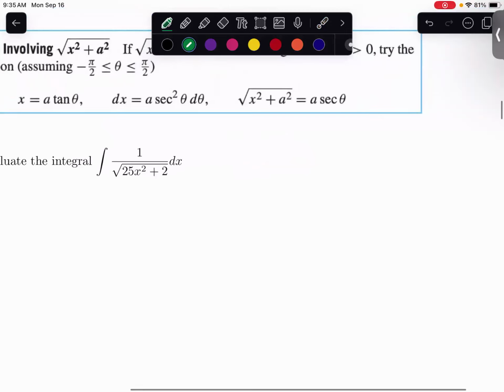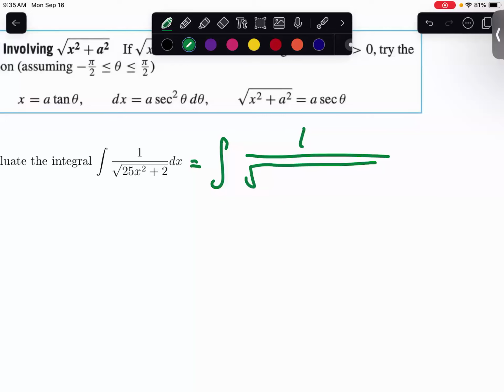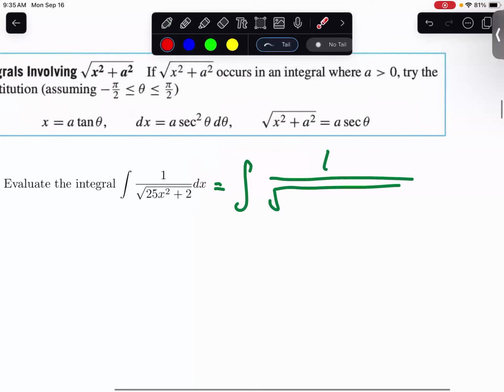Let's just write out that this is equal to the integral of 1 over the square root. If I want to make this into something of the form x squared plus a squared, what should I do with the 25? This is similar to something we did in the first week of class. If you wrote this as 5 squared, you're still having the problem.